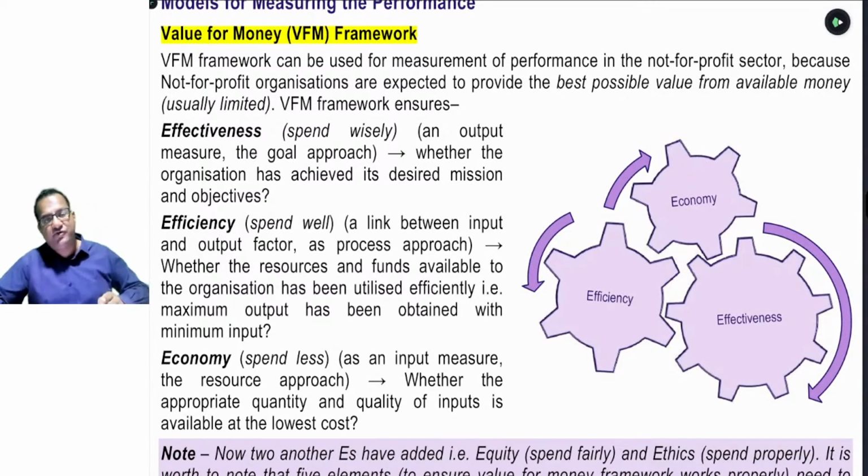सेकेंड इज एफिशिएंसी, वेदर वी हैव गॉट मैक्सिमम आउटपुट फ्रॉम मिनिमम इनपुट. इकोनॉमी, जो भी हमने मनी स्पेंड किया है वेदर ऑन कैपिटल एक्सपेंडिचर और रेवेन्यू एक्सपेंडिचर, क्या वो इकोनॉमिकल है या नहीं. बट वन थिंग इज इंपॉर्टेंट, इकोनॉमिकल के चक्कर में यू शुड नॉट कॉम्प्रोमाइज द क्वालिटी. Quality should be same, but whether you have acquired those resources at an economical cost or not should be checked.